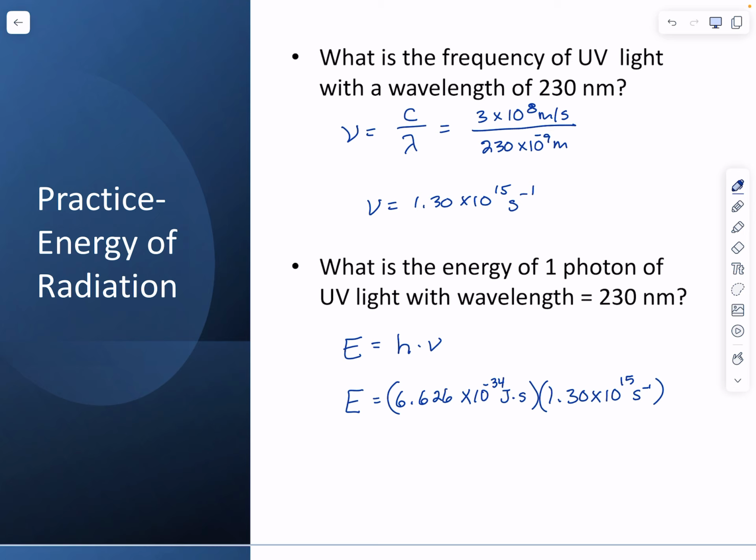That comes out to be 8.64 times 10 to the minus 19 joules. That's for one photon.